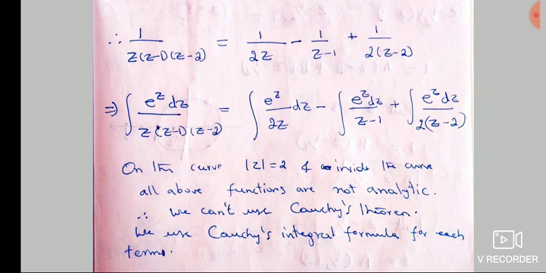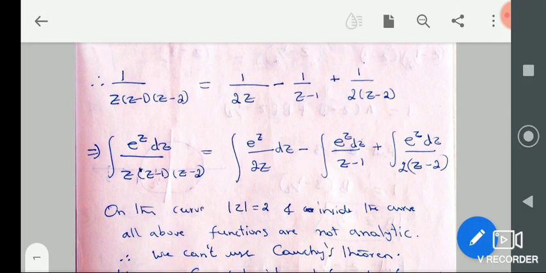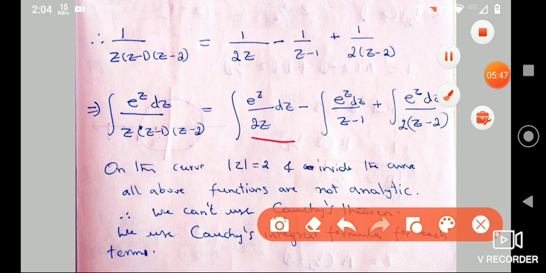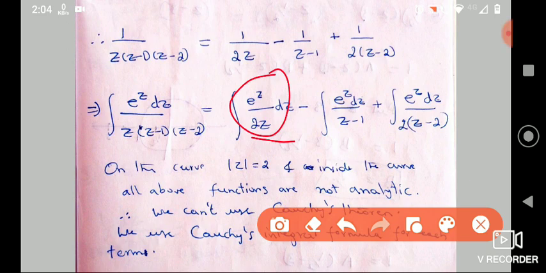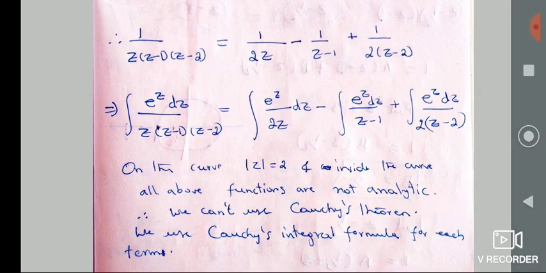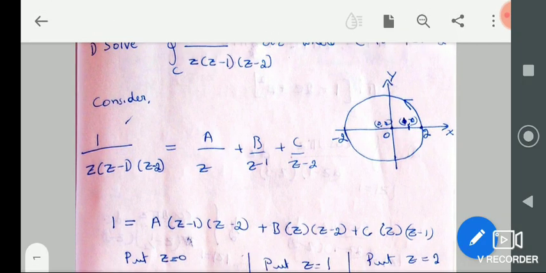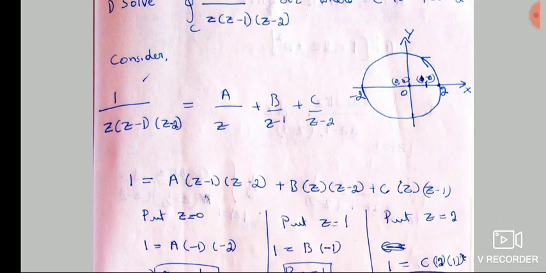So when you put z is equal to 0, you'll get this whole thing as infinite, right? And 0 is inside, you can see the center itself is 0, right? So 0 is inside this curve.